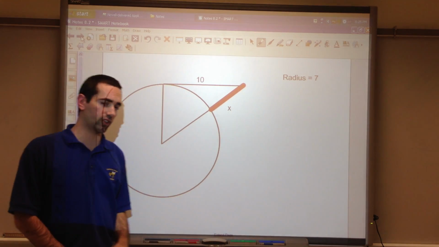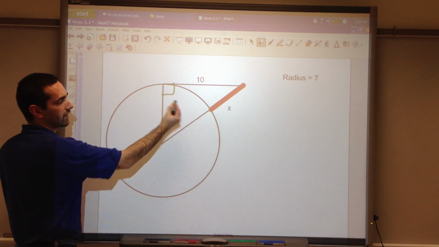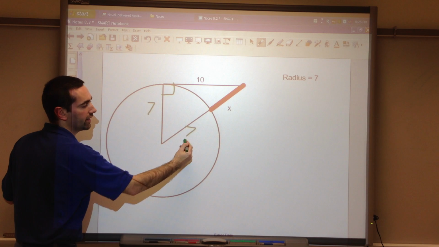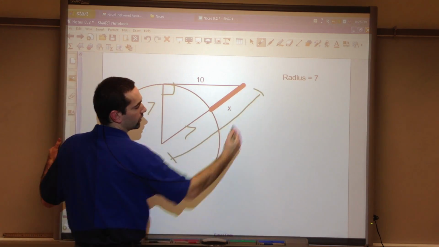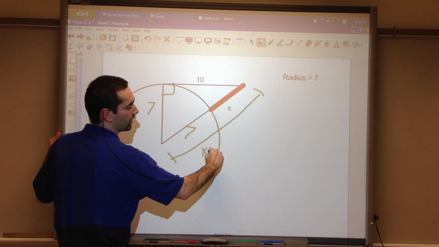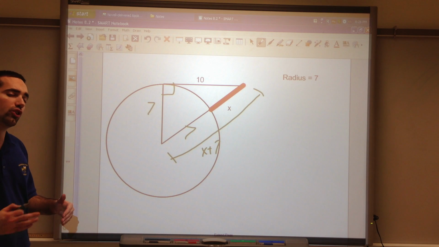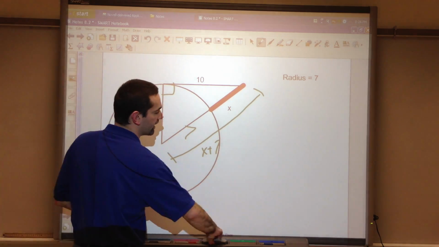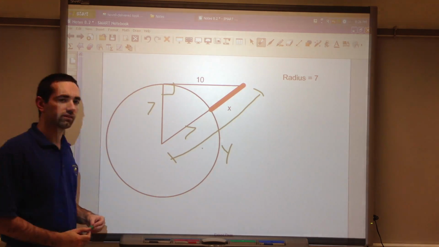Let's look at another problem. Same basic premise. Right angle, radius is 7, so that's 7, and that's 7. Now you could think of this whole length as x plus 7. But that's going to be ugly when you square it. So instead, I'm just going to think of it as y.